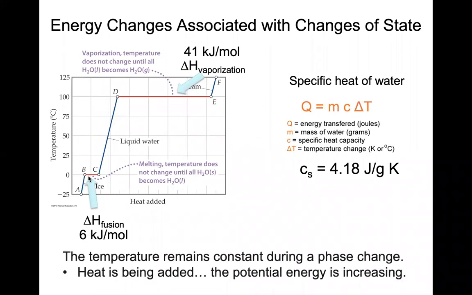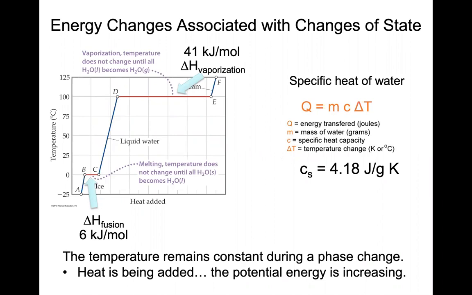And the reason why is when you're having a phase change, the temperature does not change. You're adding heat to it, but the temperature remains constant when you're melting that ice cube or when you're boiling that water. So if we think about this a little bit more deeply, heat is being added, energy is being added. The temperature is not changing.